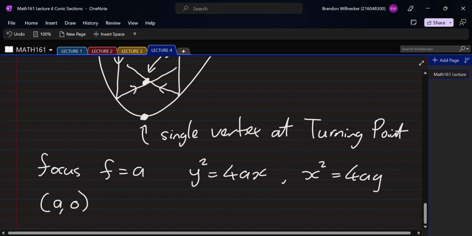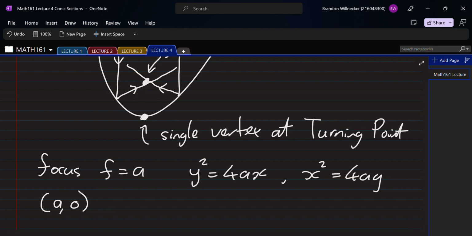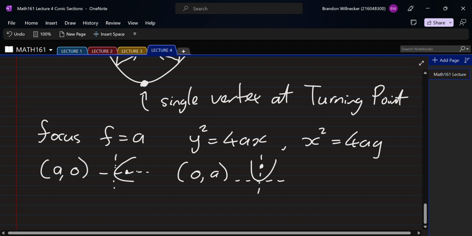So if this is centered at the origin, then the focus will be at (a, 0) if we are shifting left or right, so if the parabola looks like this, or (0, a) if your parabola looks like that. And there's the focus there. So it's either along the x-axis or along the y-axis.